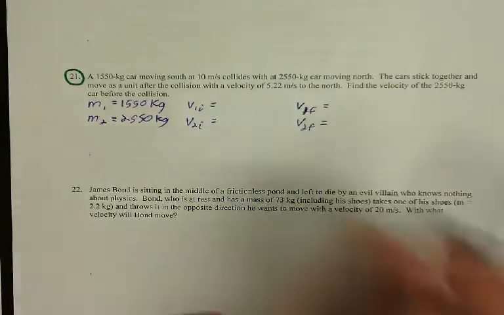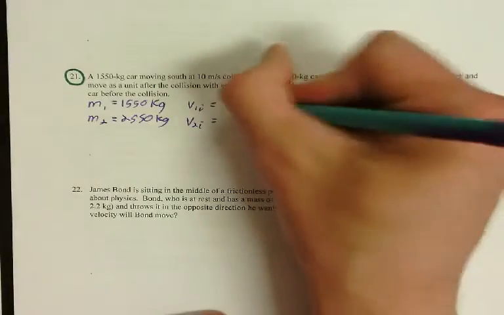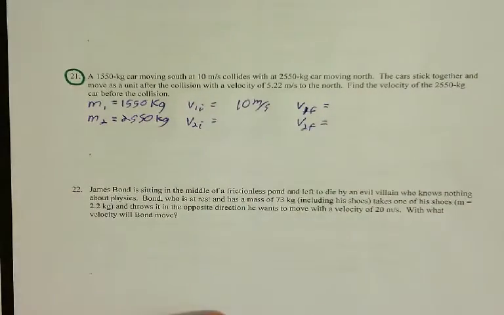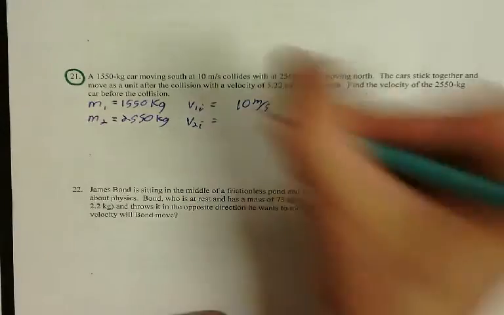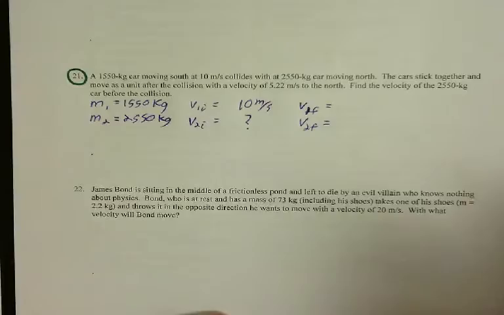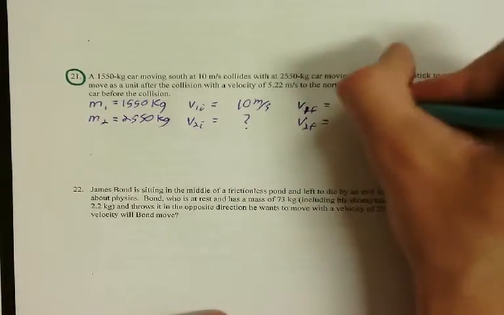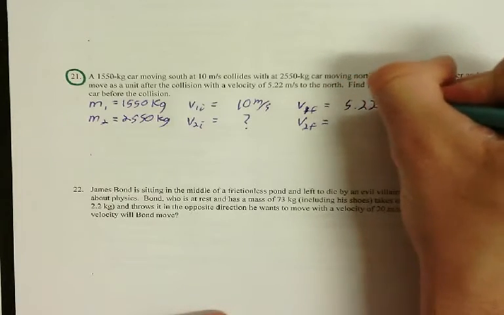Okay, so it says that the first car is moving south at 10. It does not say how fast the other one is going. In fact, it says find the velocity before the collision of the other. So I'm going to put a question mark for that one. And then it says they stick together and move with a velocity of 5.22 to the north. So both of them have the same final velocity.